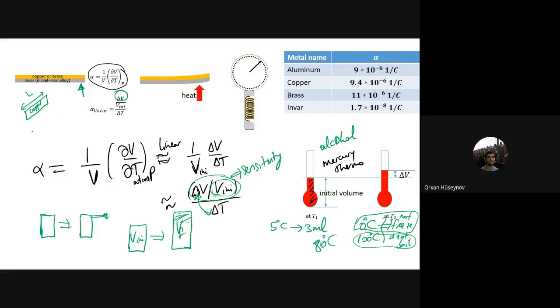And when you start to heat copper, it gets something like this, with this amount of delta L. So for metals, you can say that alpha is delta L by L initial divided by delta T. You see, for volume, and here you talk about the length. This is for metals, but the general definition is the volume one. For simplification, you can use the length of the metals.